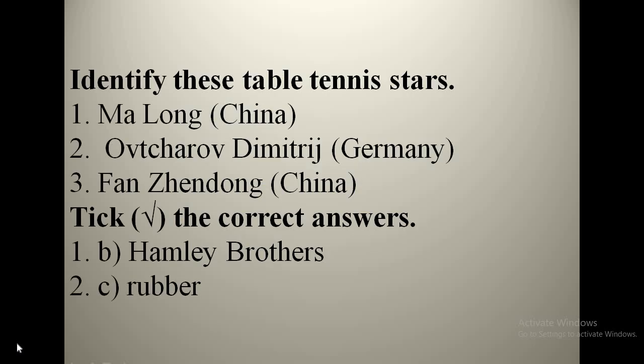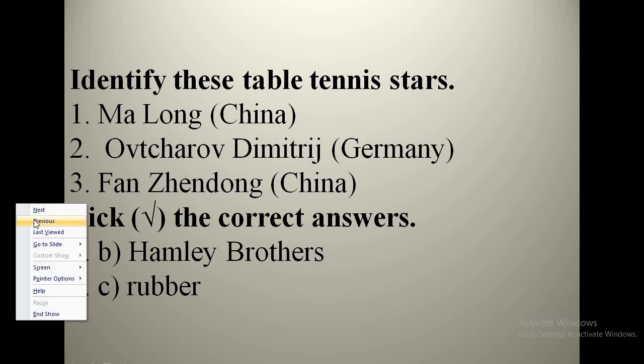First is Ma Long, he is from China. The next is Dmitrij Ovtcharov from Germany. The third is Fan Zhendong from China. I have written it clearly separately so that you can write down the spellings correctly in your book, right?